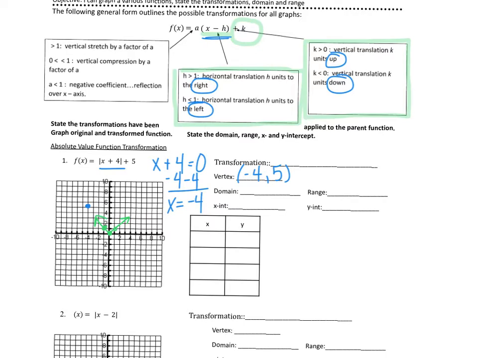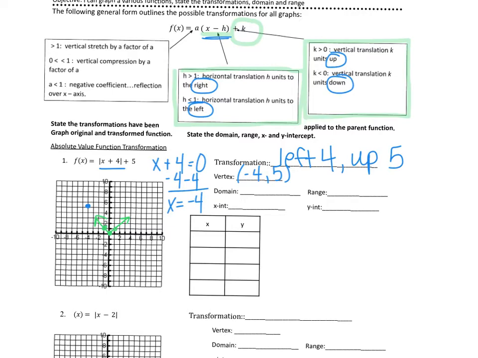Look at my H up in the box. It says if H is less than 0, it goes left, and it did. It went left 4. And then if you look at my K, if K is greater than 0, which it is, it's positive 5, it goes up 5. So that is how I transform it based on my vertex.